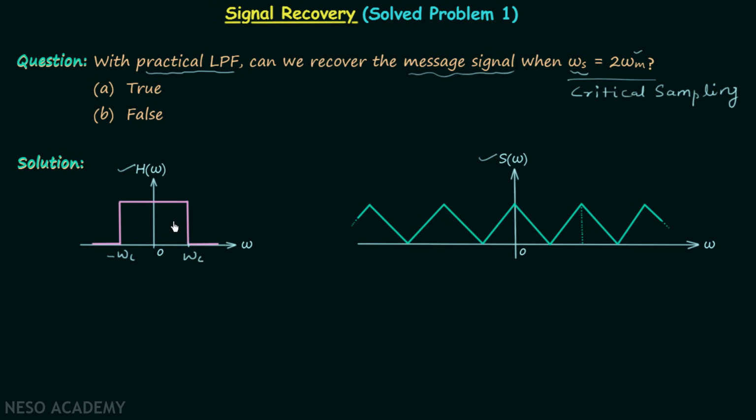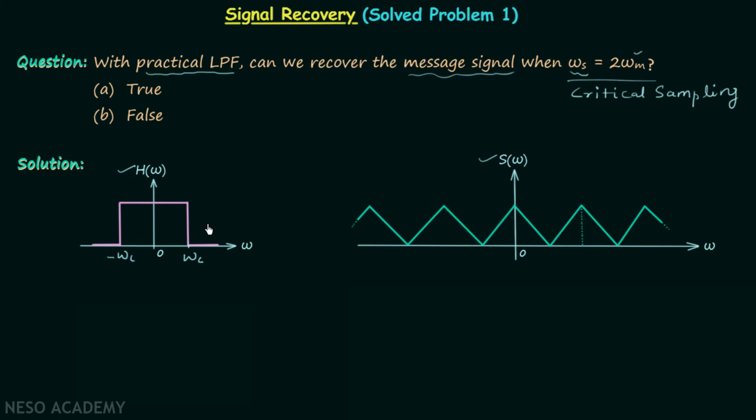We call it the pass band because when you apply a signal to a low-pass filter, the signal will be reflected at the output only with the portion between minus omega c and plus omega c. This means the portion of the input signal between these two frequencies is passed by the low-pass filter, and therefore we call this the pass band.